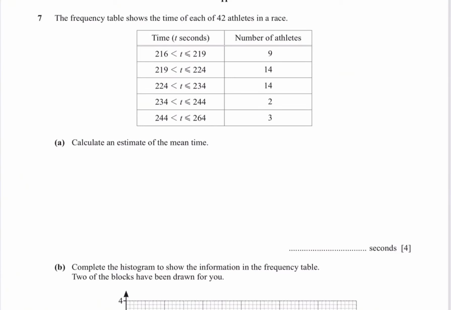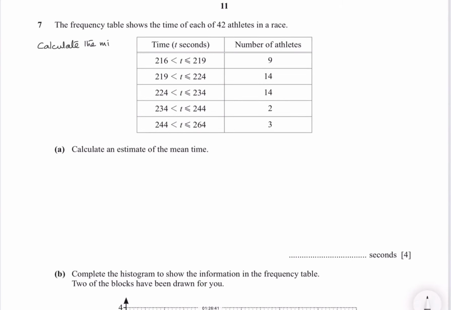Question number 7. Frequency table shows this. Estimate the mean. So the class widths are given. So first find out the mid values by adding 216 plus 219 divided by 2. So you get 217.5. For the second class, 219 plus 224 divided by 2. So these are midpoints.